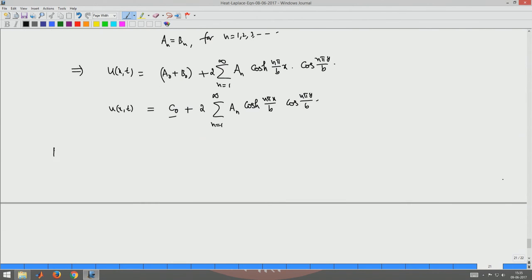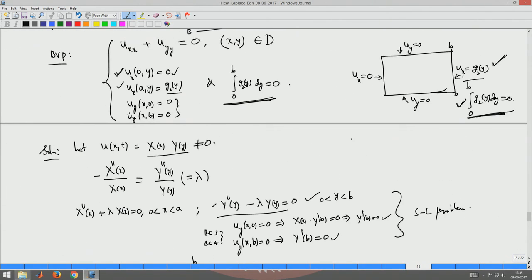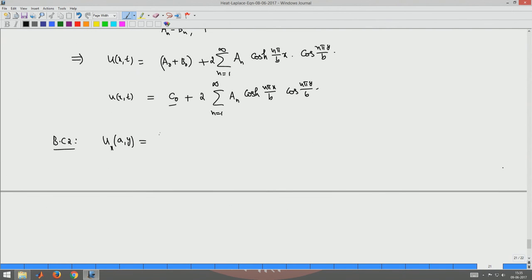Now, you apply boundary condition 2, that is u_x at (a, y) equal to g_2 of y.